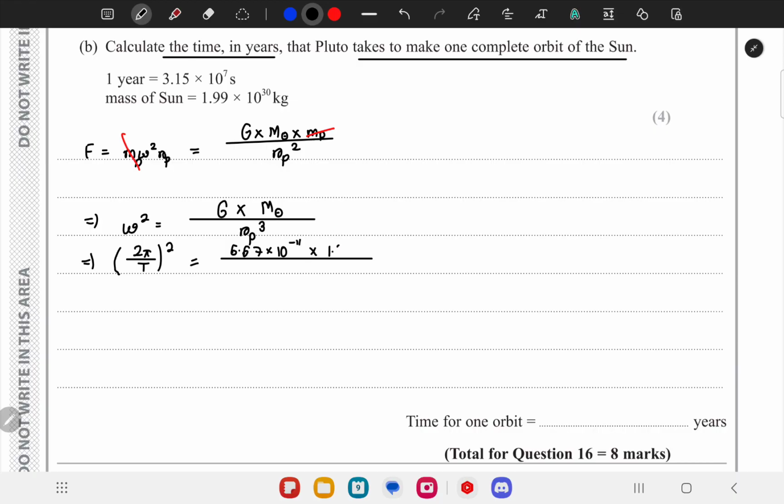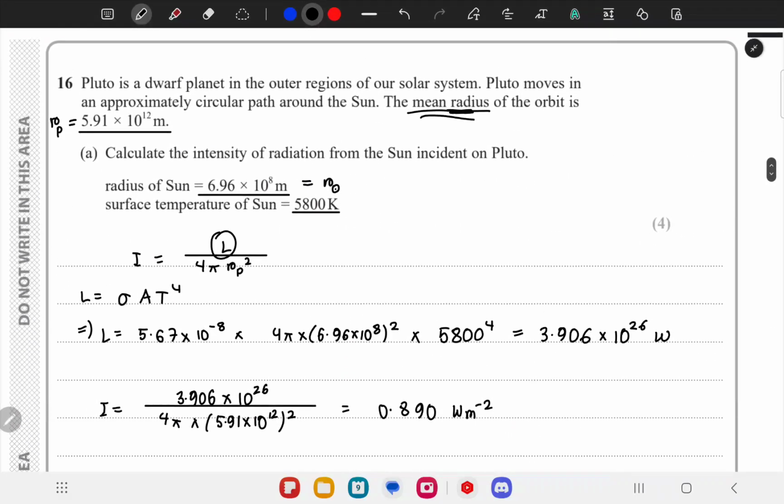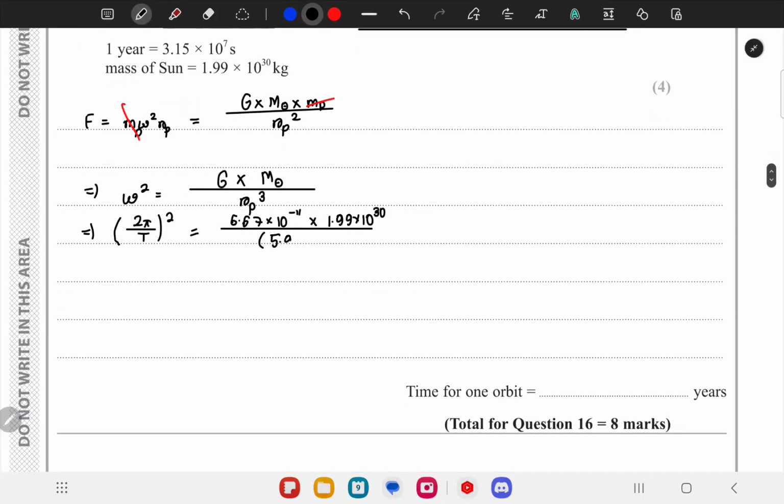Mass of Sun is 1.99 × 10^30. The orbital radius is 5.91 × 10^12.